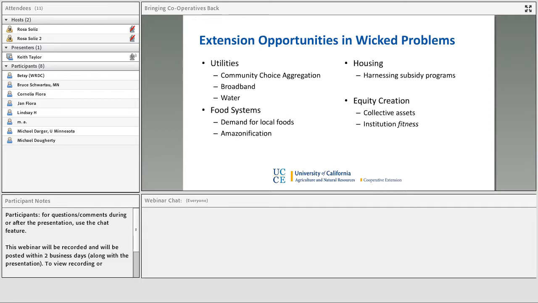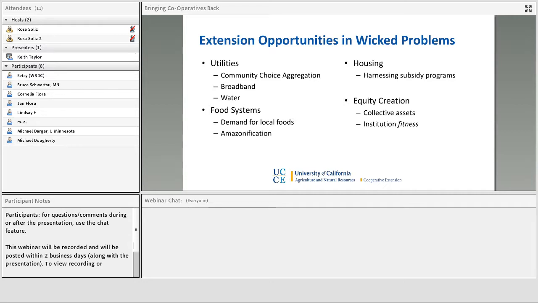So there's so much that these cooperatives do right now that can help Extension with addressing a number of wicked problems. So in utilities in California, with the wildfires we're experiencing right now, oftentimes PG&E, the investor-owned utility, is fingered for being responsible for this.